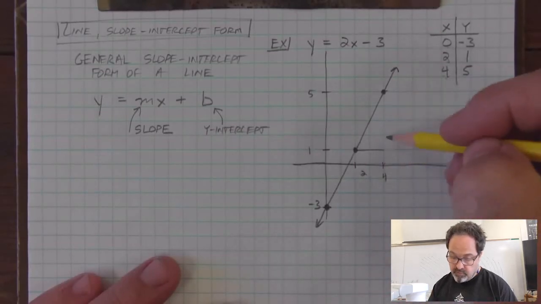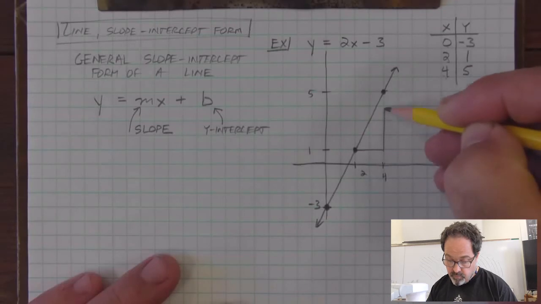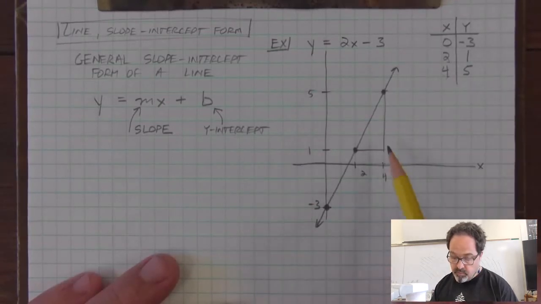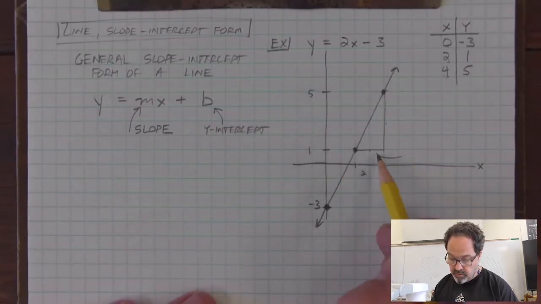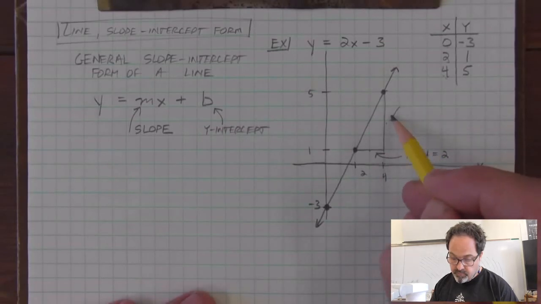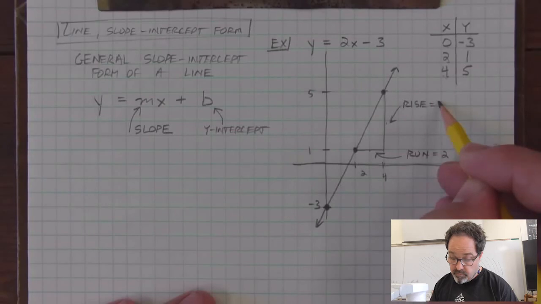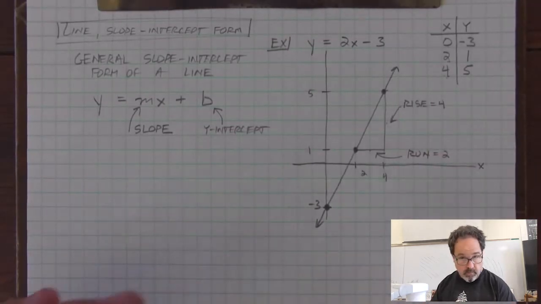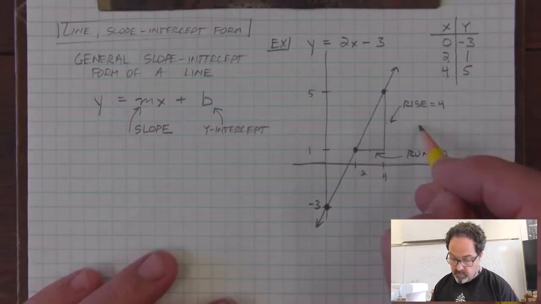And the vertical change is how much we have to go up or down vertically to go from one point to another. I can represent the horizontal change and the vertical change with these lines. For this line, the horizontal change, or what we call the run for short, is equal to 2. And the vertical change, which we call the rise, is equal to 4.